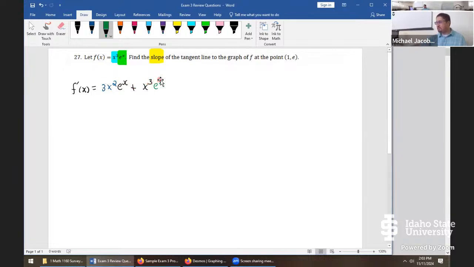This is the result. And if we want the slope of the graph at the point (1, e), it just means we now need to throw this value 1 inside the derivative. So M for the slope is going to be equal to, let me just go this way.